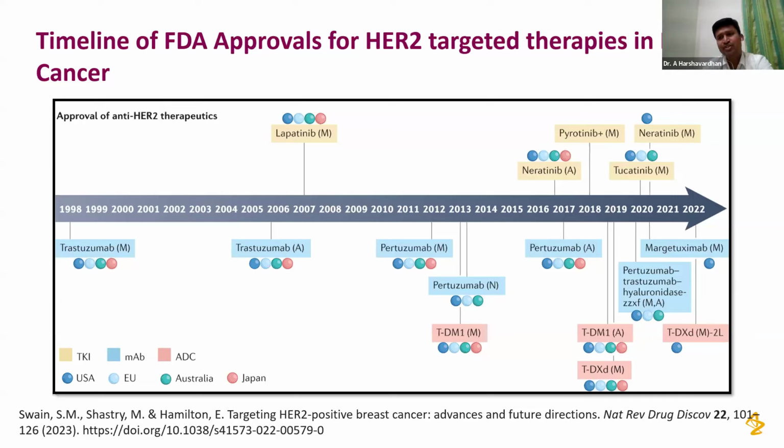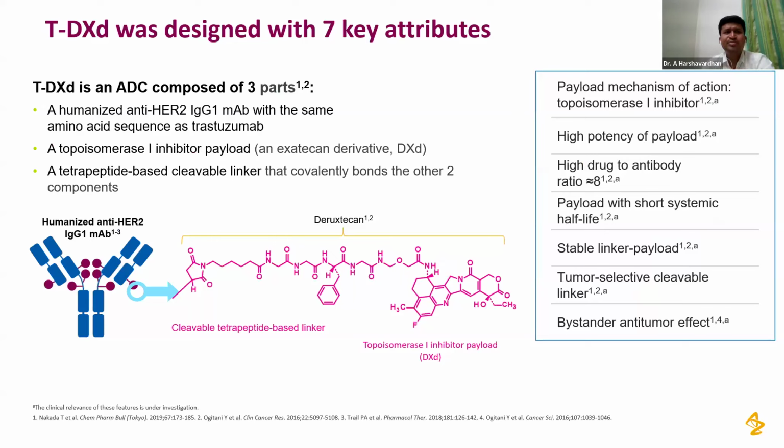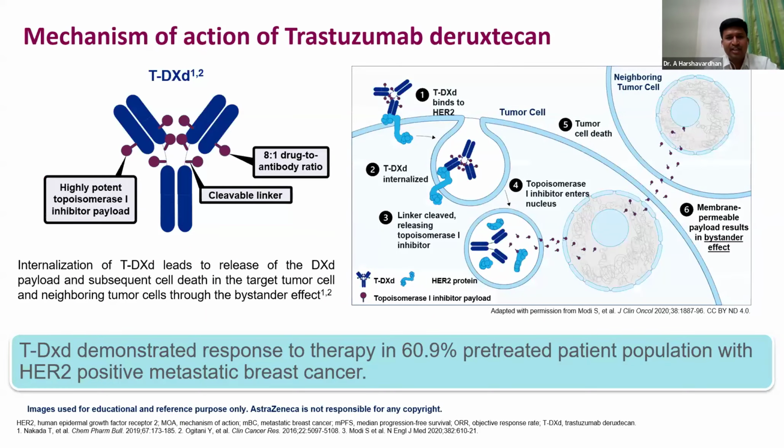Later in 2022, it got approval as a second line after trastuzumab and taxane, and later got accelerated approval for HER2 low MBC. This was beautifully discussed by Suresh sir, the key attributes of the structure and the mechanism of action.